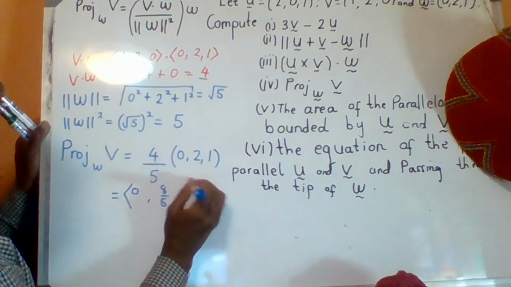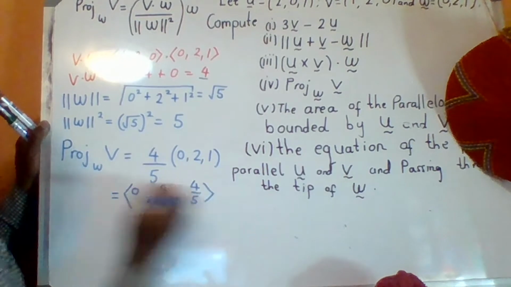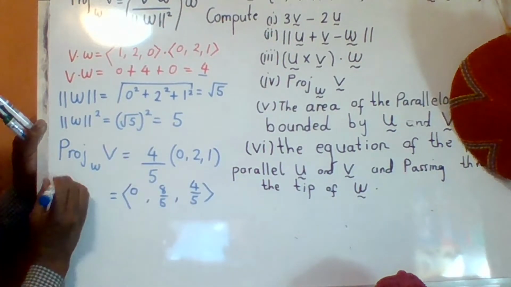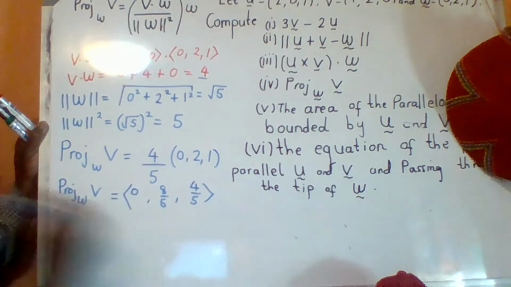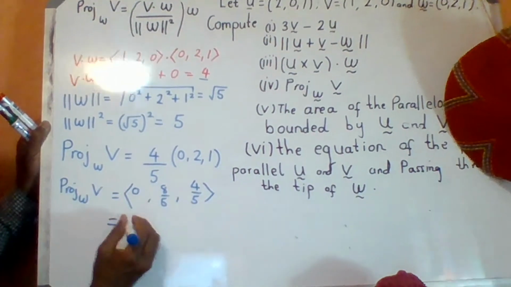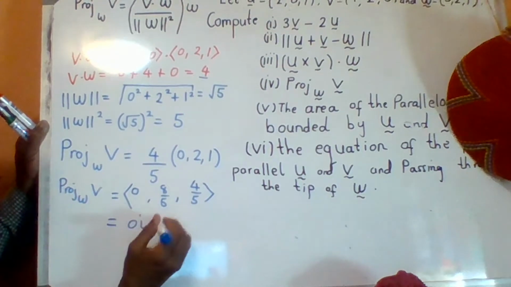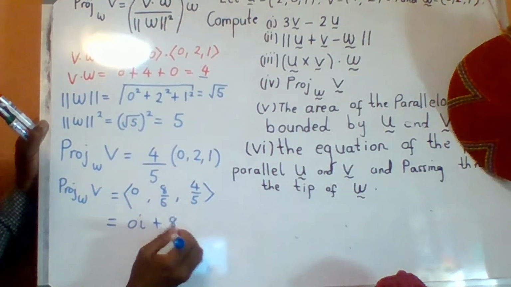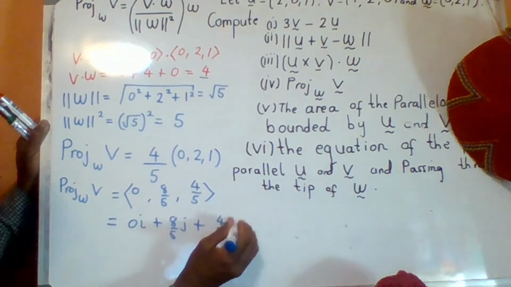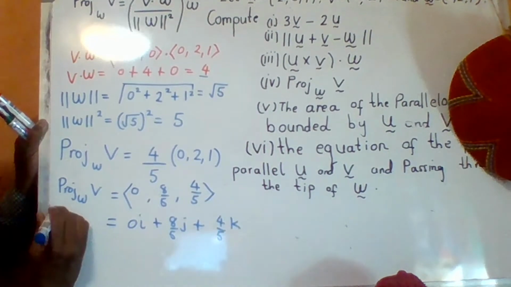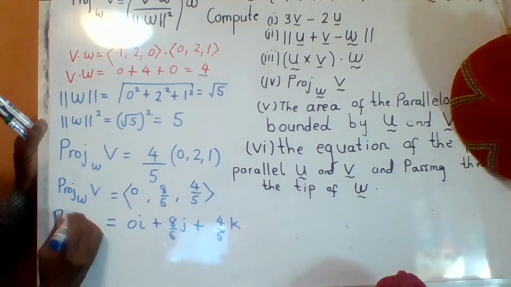This scalar you can pull out. If you pull that out, all these times 0 is going to be 0, times 2 is going to be 8 over 5, times 1 is going to be 4 over 5. So this is the projection of W on top of V.